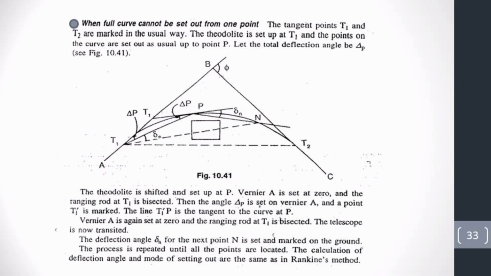Then the process is repeated until all the points are located. The calculation for the deflection angle and the mode of setting are the same as in Rankine's method. So that was the research I did there.